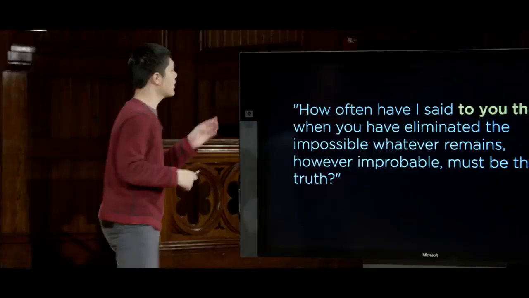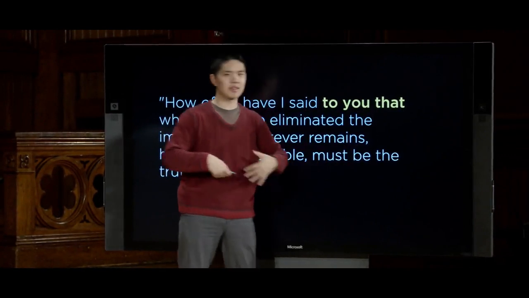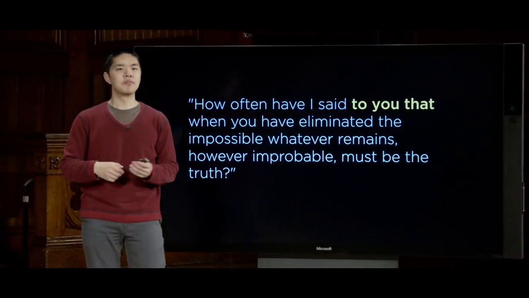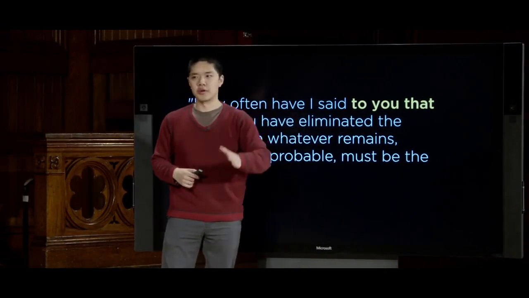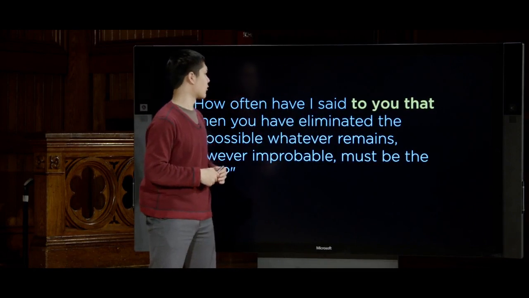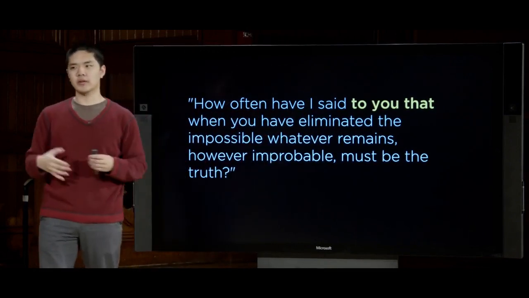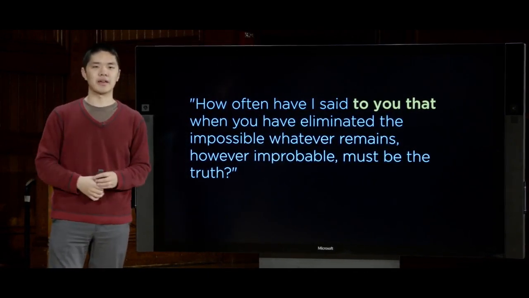Our AI might never have seen this entire sentence before, but it's probably seen the trigram to you that before, because to you that is something that might have come up in other documents that our AI has seen before, and therefore it knows a little bit about that particular sequence of 3 words in a row, or something like have I said, another example of a sequence of 3 words that's probably quite popular in terms of where you see it inside the English language.